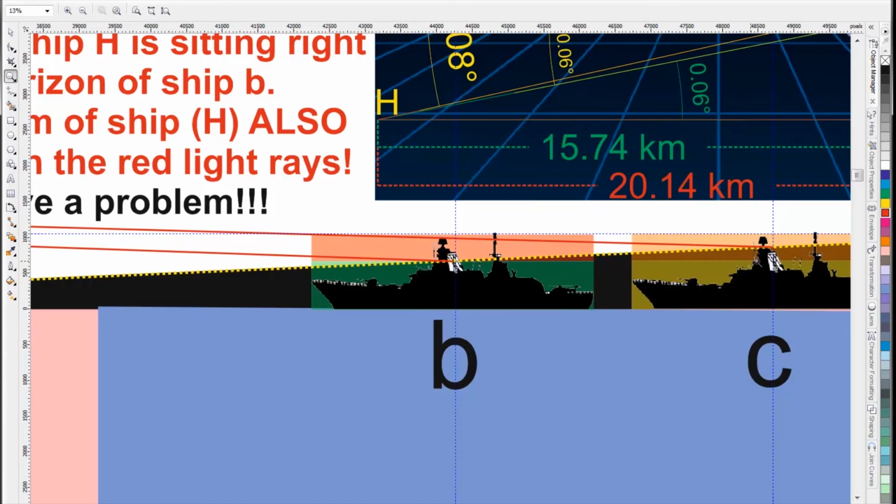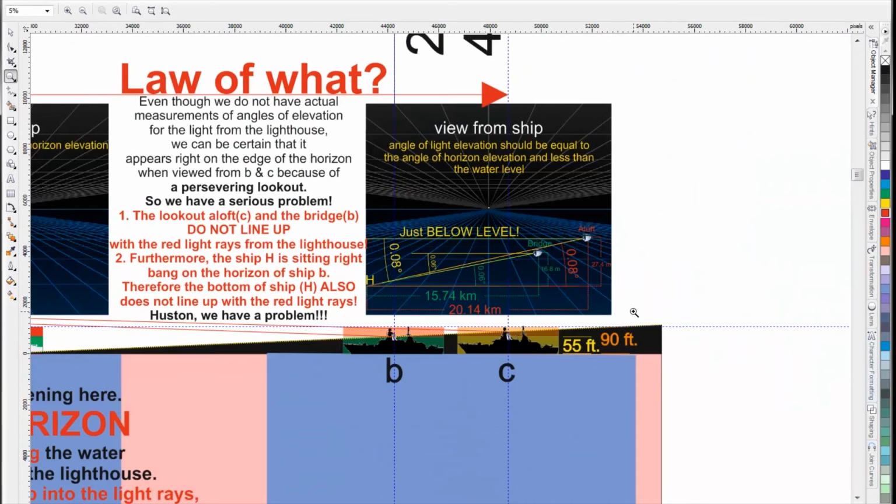They can be seen here, here, there, there. The red lines are not a reflection of reality, of what has been observed. So the lookout aloft at C and the bridge at B do not line up, and they should. They should line up with the red light rays coming from the lighthouse.